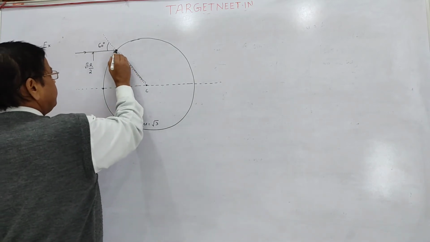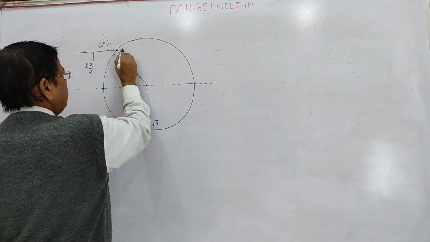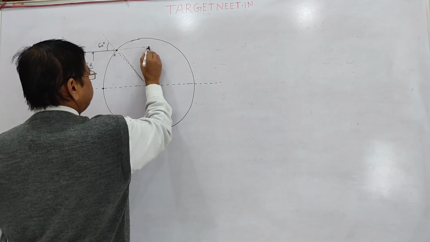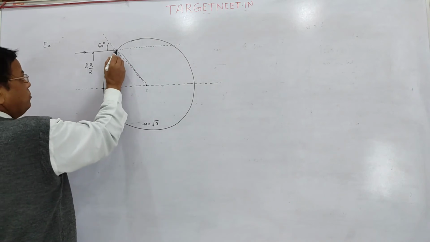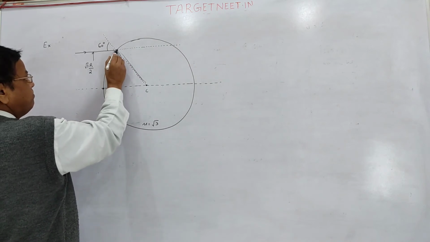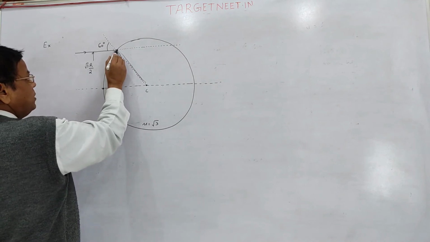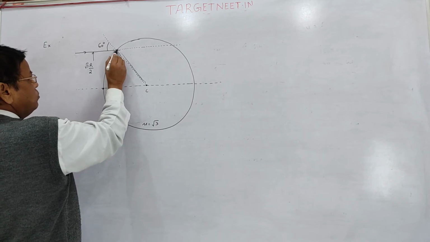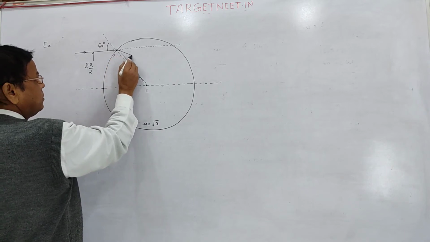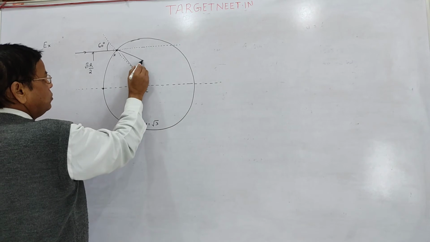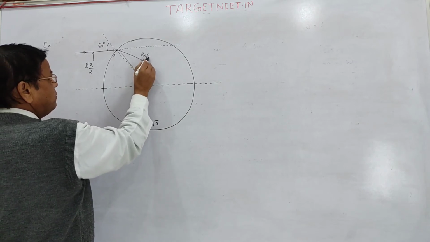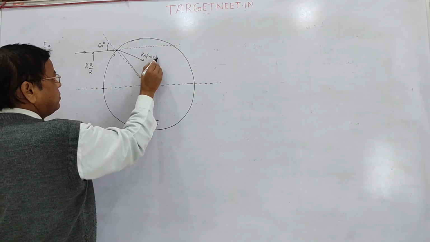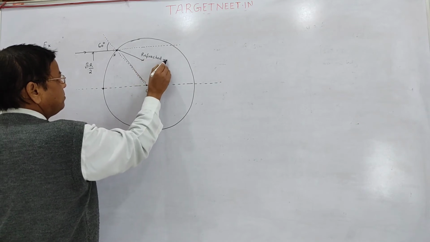Now it will not go like this. After refraction, as it is going into a denser medium, it moves like this. So this is the refracted ray.